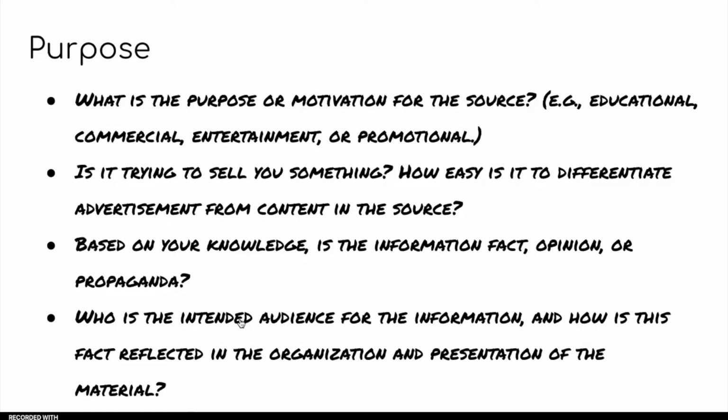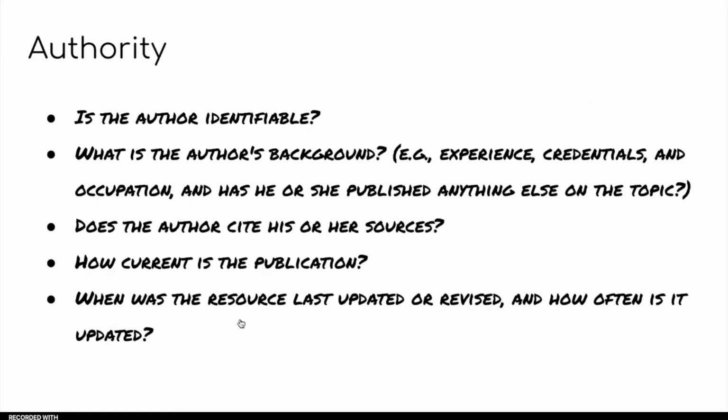Okay, so the very first thing I look for is purpose. I look at those domain names. Again, you can gain a lot of knowledge and understanding about a website's purpose from their domain name. I also look for authority. What I mean by that is, is there an author identifiable? Is their background identifiable? Do they cite sources? Is that publication current?